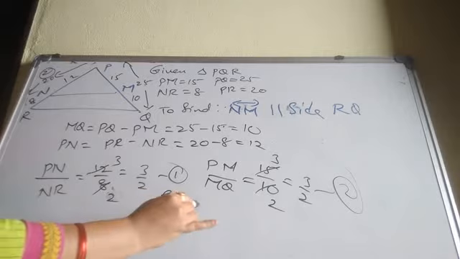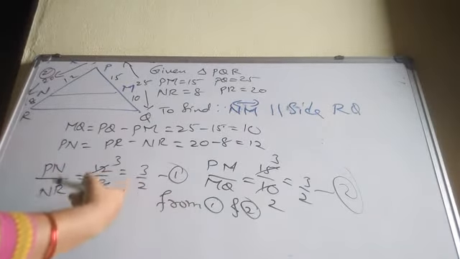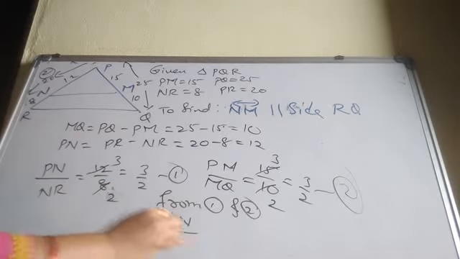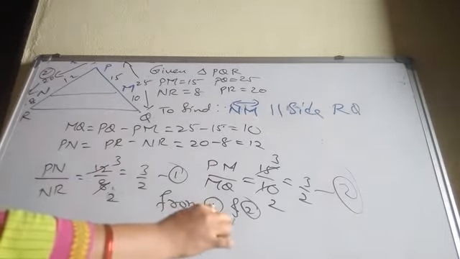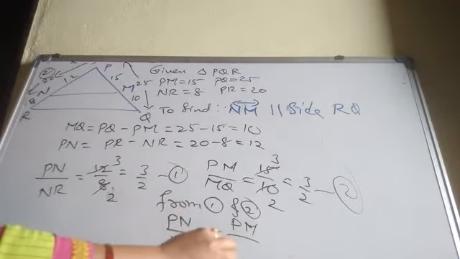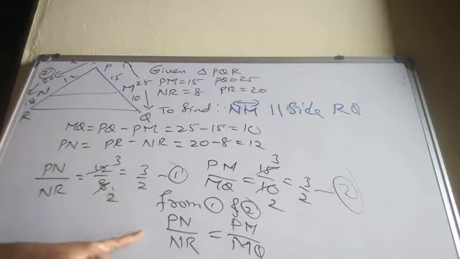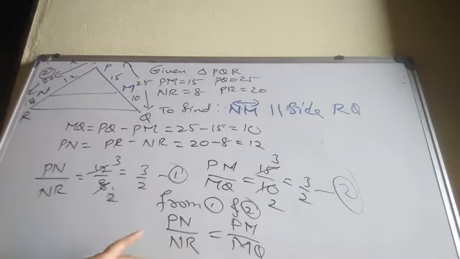From 1 and 2, 3 upon 2, 3 upon 2. LHS equal to RHS. PN upon NR equal to PM upon NQ. So here the condition is satisfied.